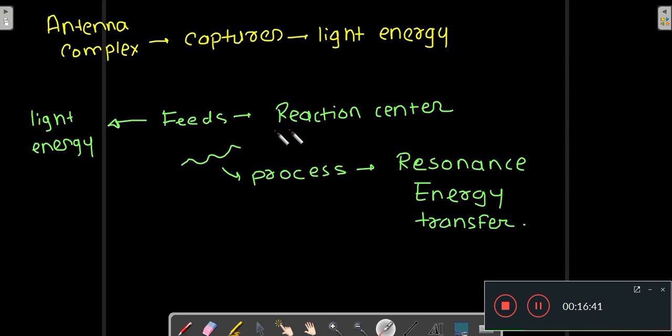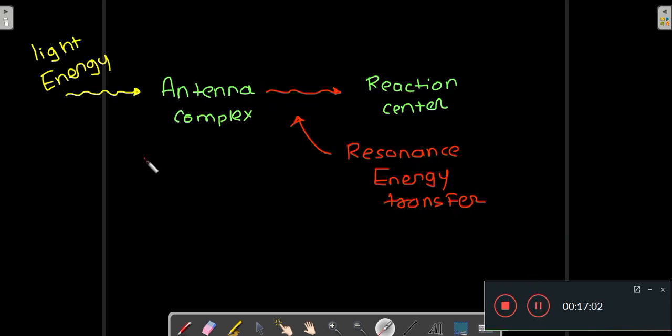The antenna complex is able to feed the light energy to the reaction center through a process known as resonance energy transfer. So this is how it looks. The light energy is captured by the antenna complex, and that energy is then transferred to the reaction center by resonance energy transfer.